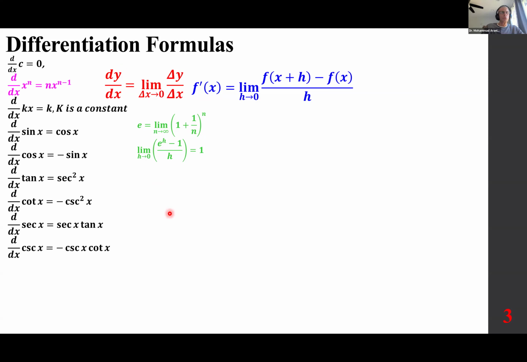Various rules, such as the power rule, the derivative of x to the power of n is n x to the power of n minus 1, or trigonometric functions, such as the derivative of sine is cosine, the derivative of cosine is negative sine, and so on.